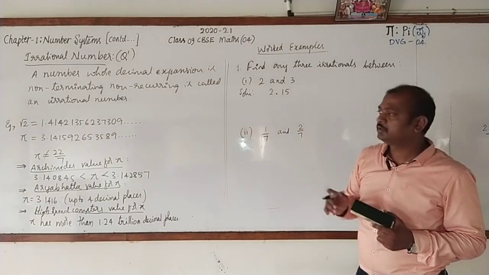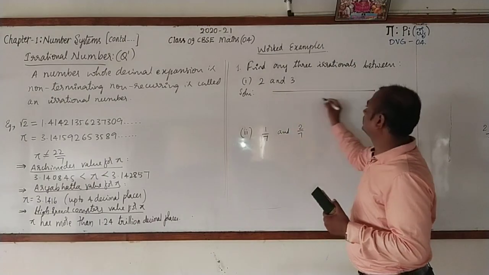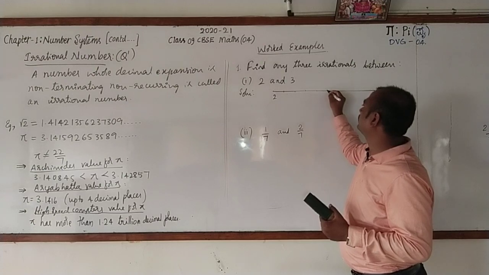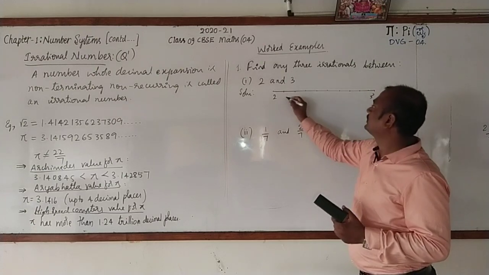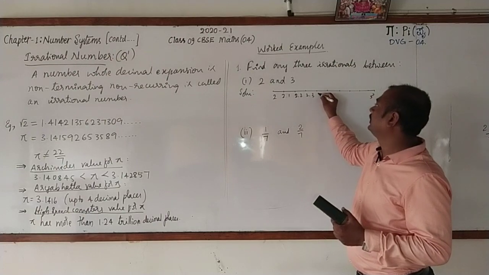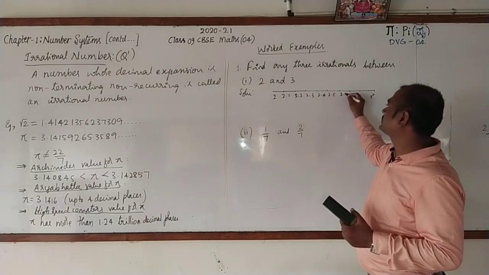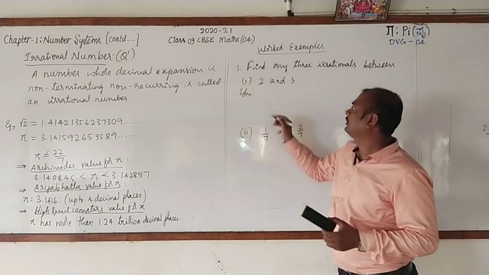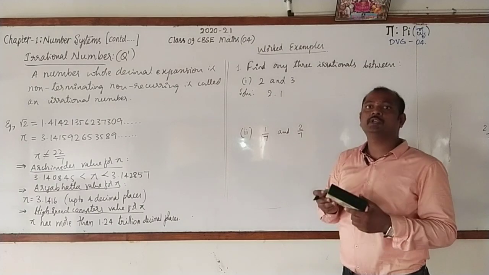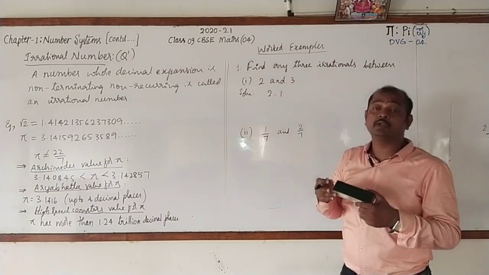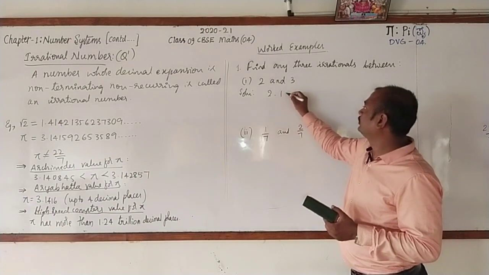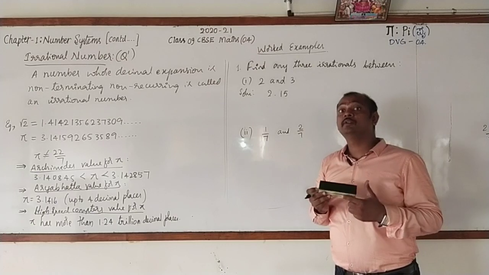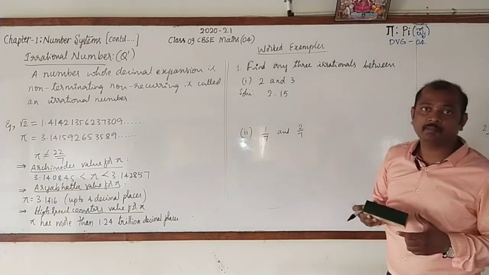Did you understand? Here I'll write. See that, this is 2 and this is 3. Many points will be there. 1, 2, 3, 4, 5, 6, 7, 8, 9, 10. See 2.1, 2.2, 2.3, 2.4, 2.5, 2.6 and so on. Many are there. You may take any one of these. It is 2.1. You may take 2.12, 2.13, 2.15 like that. 2.15, but it is terminating. We want an irrational number. An irrational number is non-terminating, non-recurring.